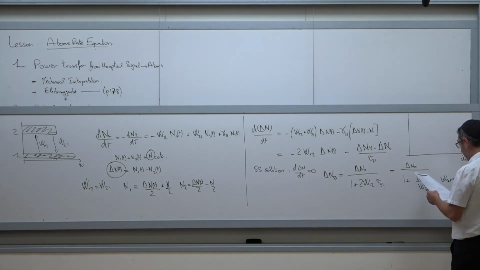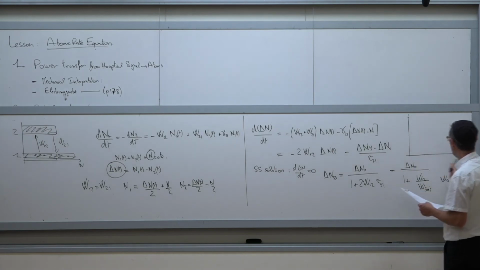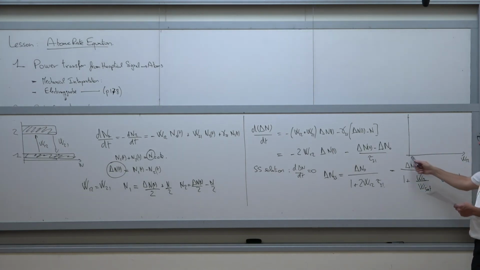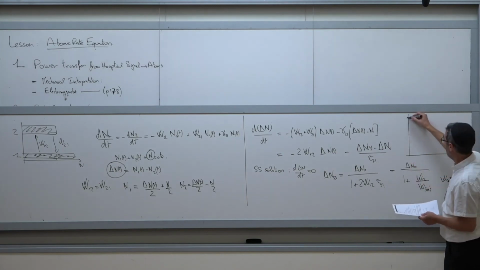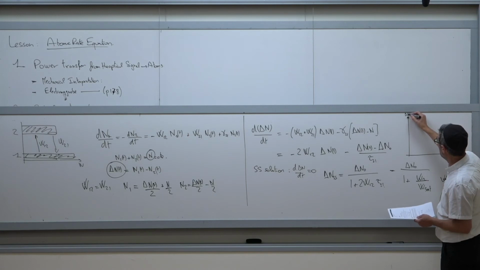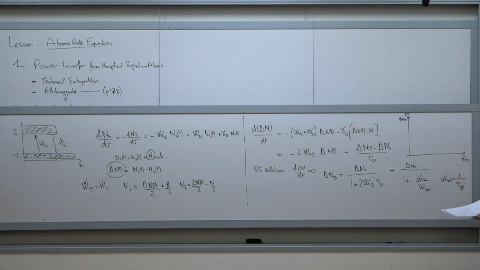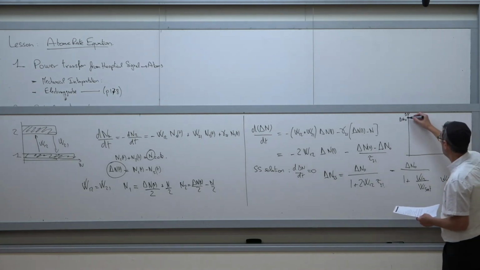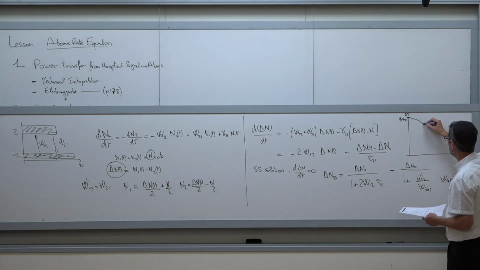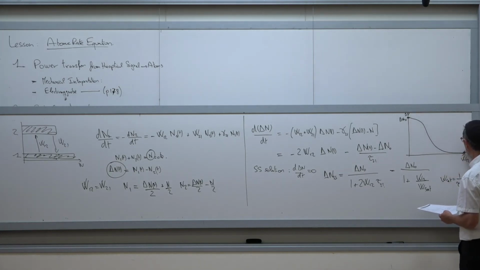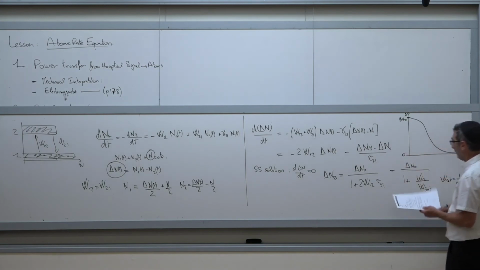If there is no external field, W12 equals 0, the steady state will be delta n0, here. As you increase the intensity of the incident field, the steady state goes down like that to reach the value of 0 for delta n.